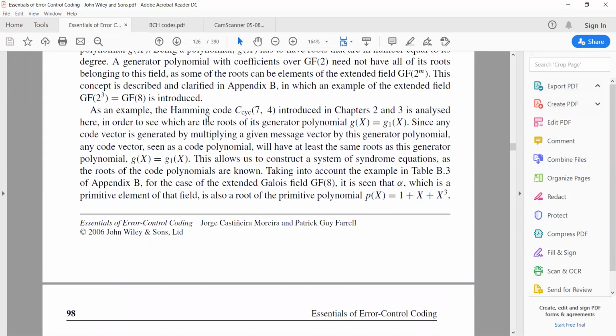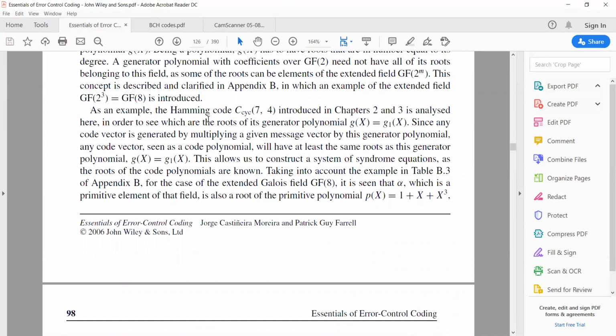I've told you that gx is a polynomial equation, so it also possesses roots. Carefully go through this: any code vector is generated by multiplying the given message vector by the generator polynomial in case of cyclic code.